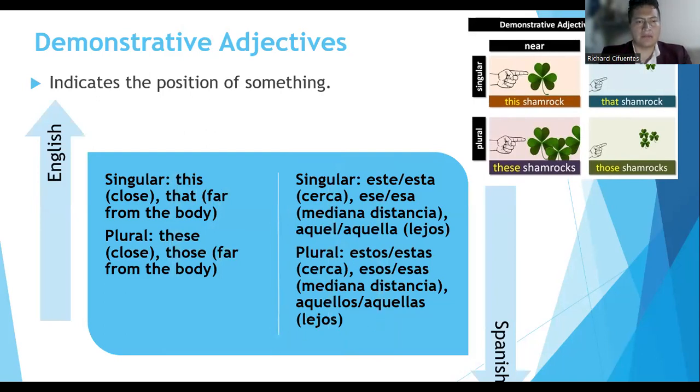In the singular we use this, sorry, that, and in the plural we use those and these. Okay, so those are quite similar, but their function is different from the Spanish way.